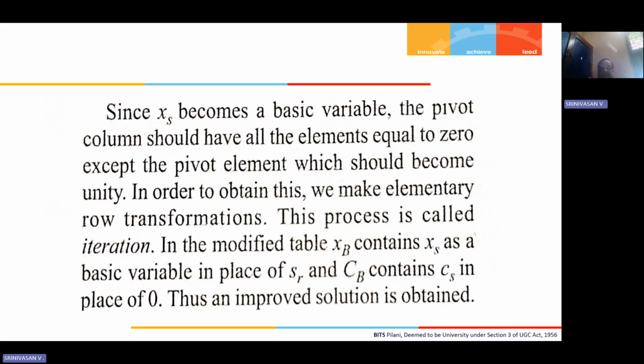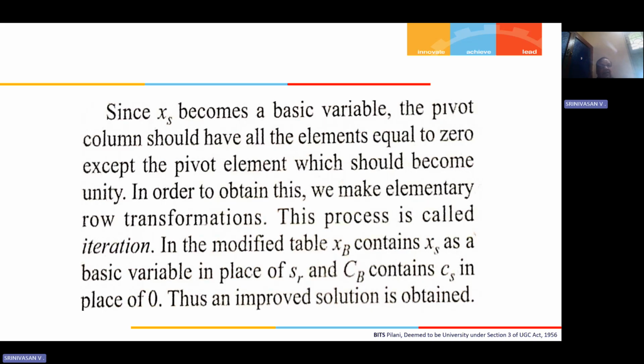Since Xs becomes a basic variable, the pivot column should have all the elements equal to 0 except the pivot element, which should become unity. What's the meaning? Again, we are going to do the elementary row operations. The pivot element can be any number, any integer, positive or negative. You have to divide by that number so as to make it 1. So the pivot element should be made 1.